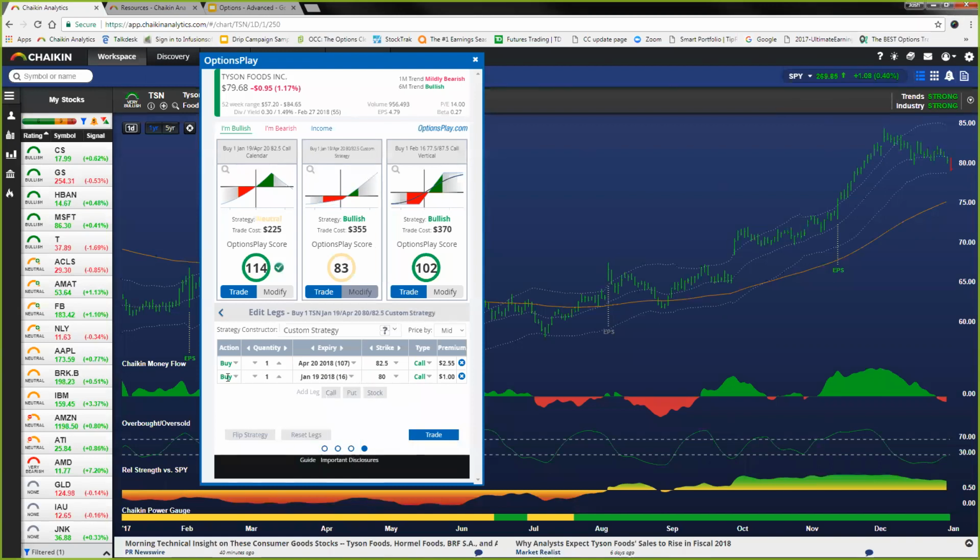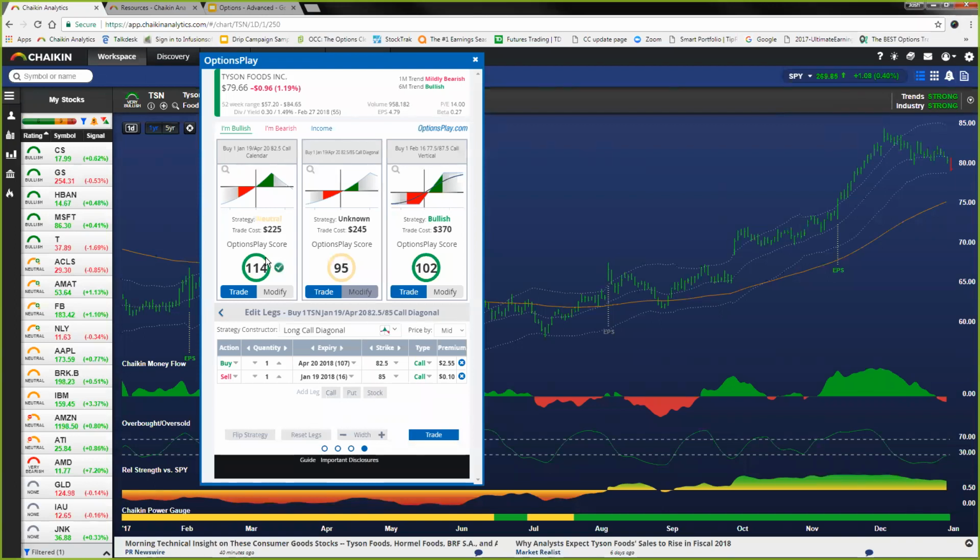And then the one I'm selling, let's make this farther up, maybe 85. There you go. That's a diagonal versus a regular calendar spread.